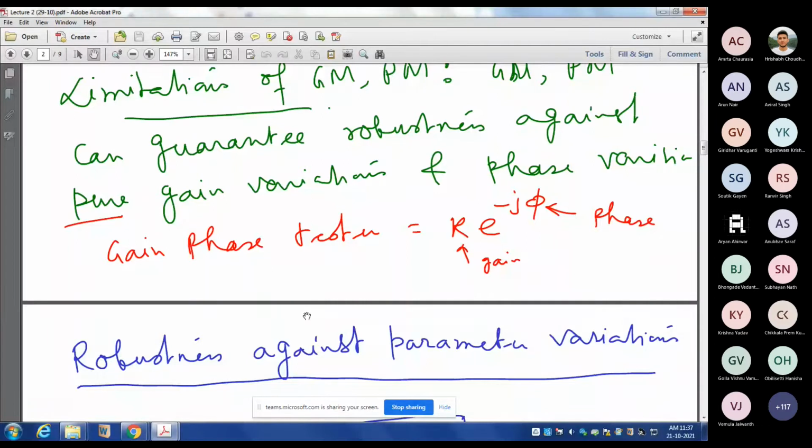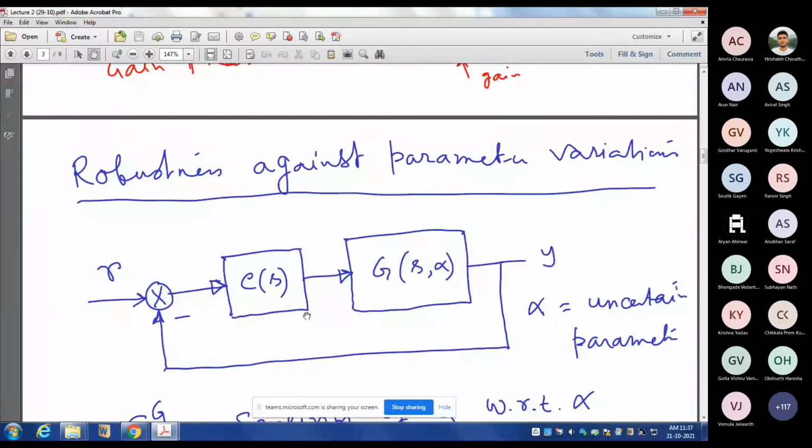So now, for example, if there are system parameter variations in the system, then forget about gain margin and phase margin. What is the suitable norm that can guarantee that my system is robust against parameter variations?